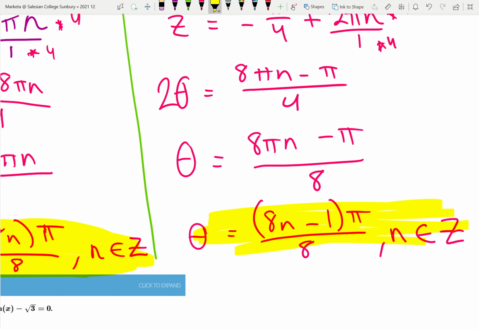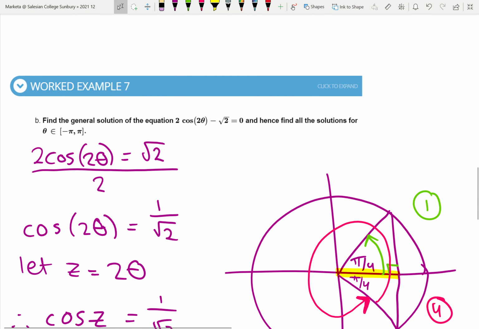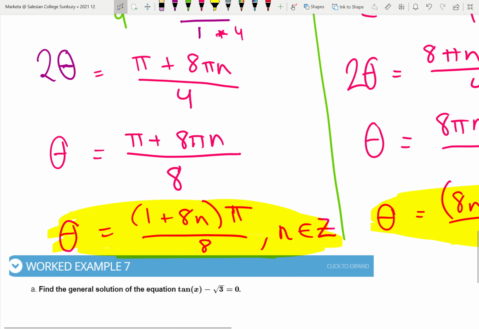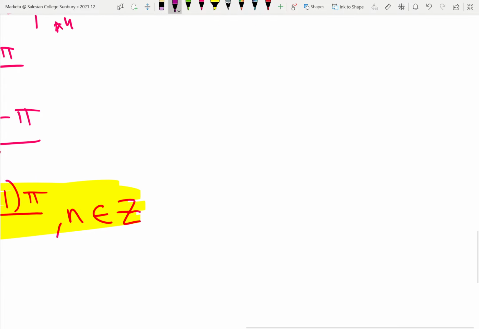And in this part of the question, they're asking us to find the general solutions from, I think, negative pi to pi. Let's just double check that. Yeah, from negative pi to pi. So we want to find the value of theta from negative pi to pi. So we've got a domain. So we're going to use these two general solutions. So what I like to do, I'm just going to scroll over here.